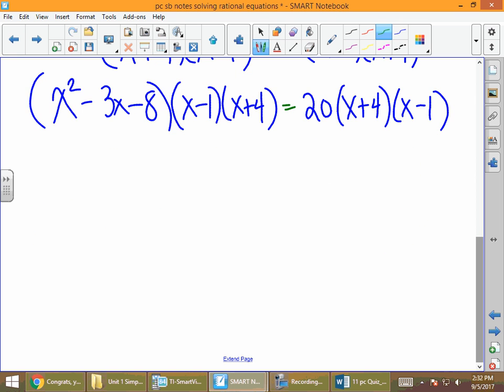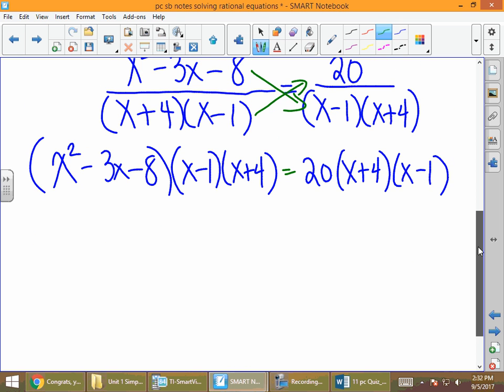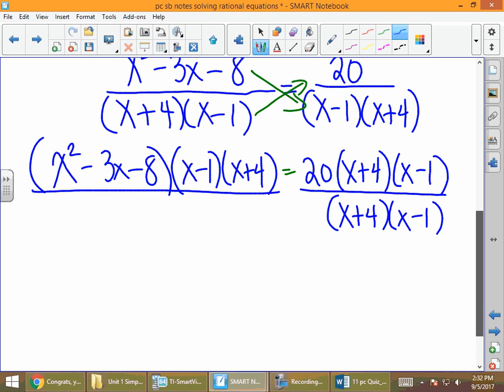And once again, like we've done on previous problems, we can divide by x plus 4 times x minus 1, and do we have anything exactly the same on the top and on the bottom?